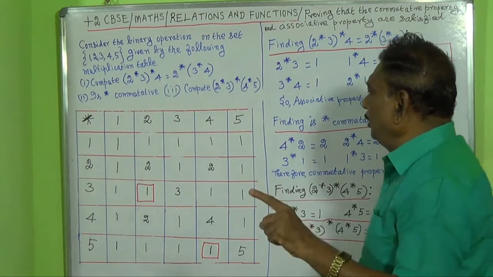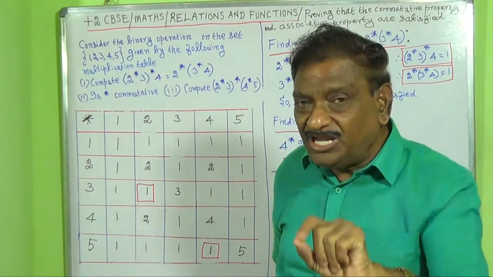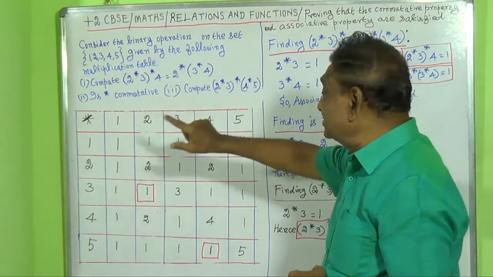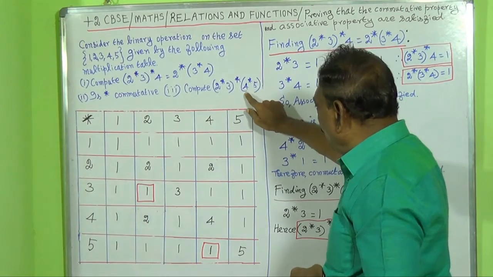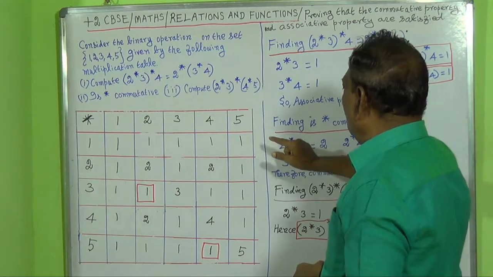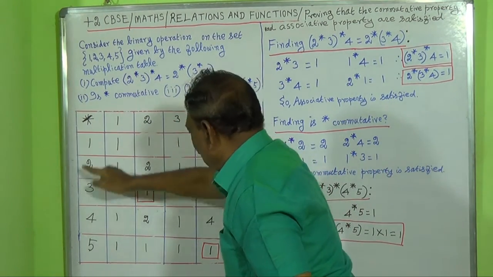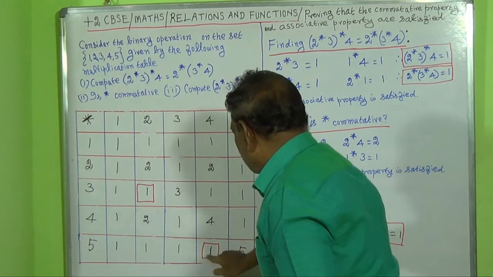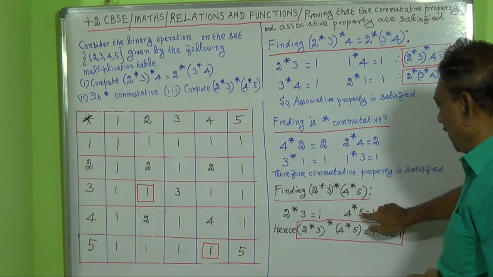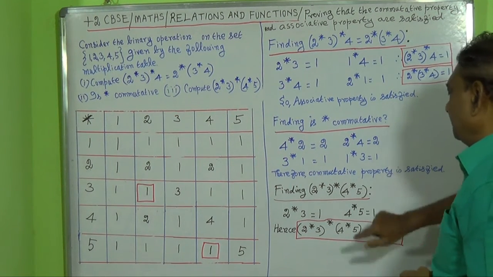Then we are going to find the result for the data given in the second parenthesis. What is the data given in the second parenthesis? 4 * 5. So 4 * 5 is also the result 1.